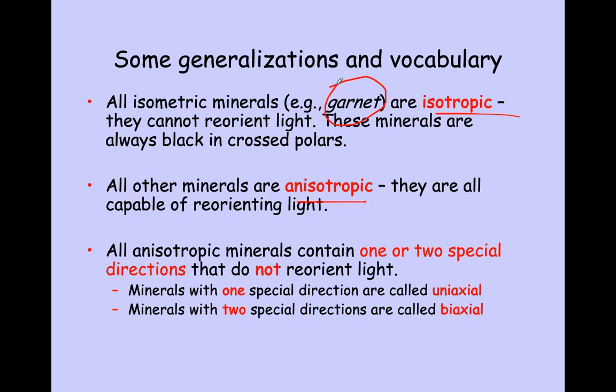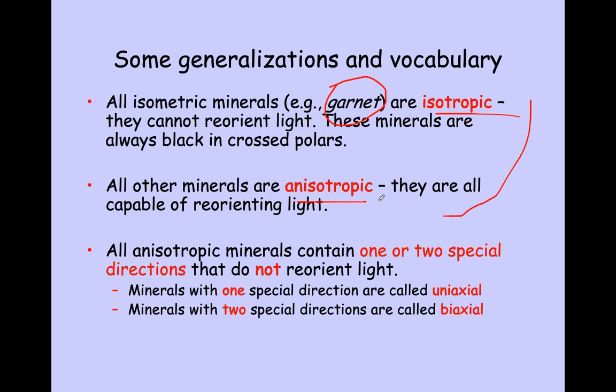You can't see any color change. But other minerals like pyroxene, olivine, feldspar, quartz show different colors even after inserting the second polarizer, so they are anisotropic minerals. So these two categories exist in optical mineralogy, isotropic minerals and anisotropic minerals.